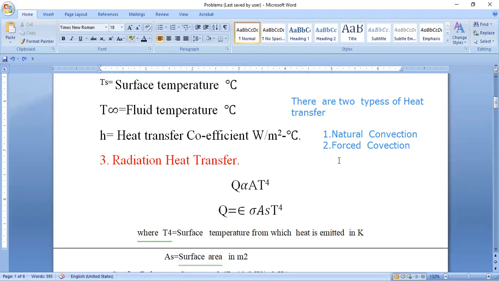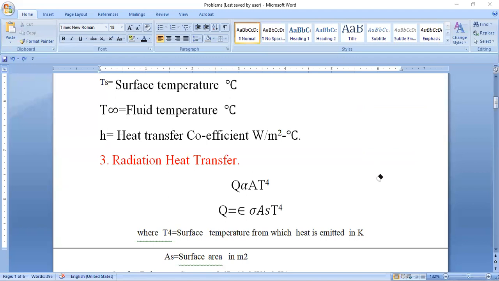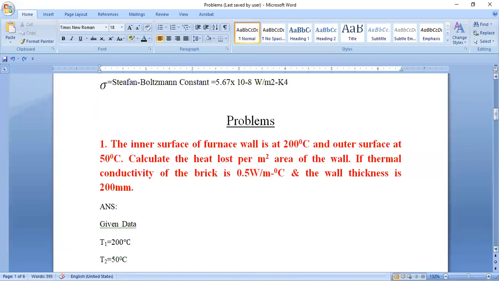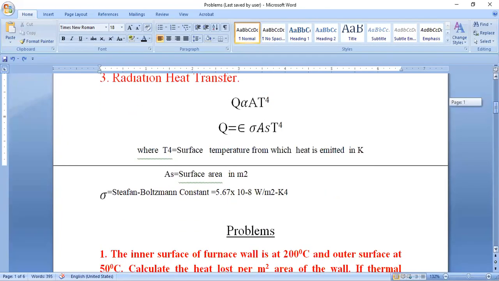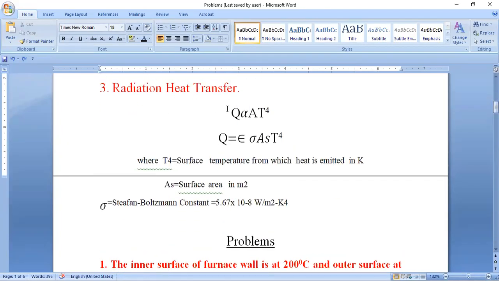See here, radiation heat transfer. Q is proportional to A into T to the power 4.